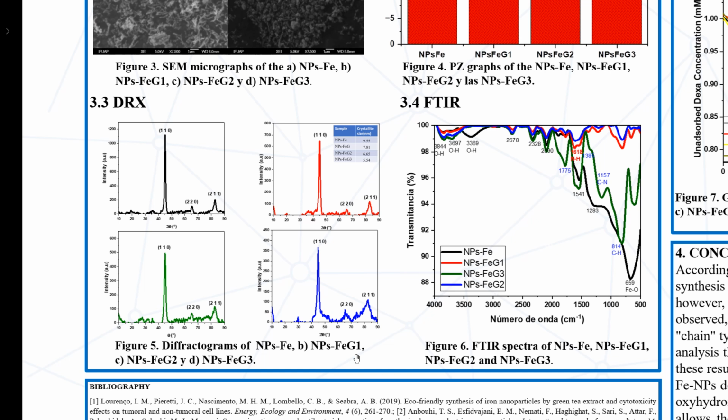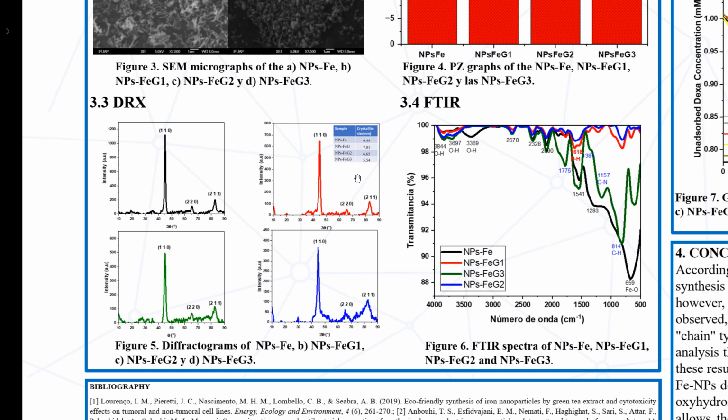For the most intense diffraction peak, corresponding to the 110 plane, the crystalline size of the iron nanoparticles and the iron nanoparticles with glycine 1, 2, and 3 were calculated with the Scherrer equation, which were 9.55, 7.81, 6.65, and 5.54.